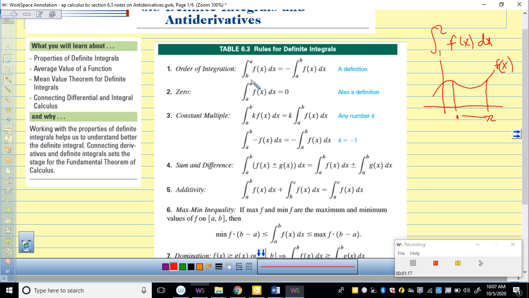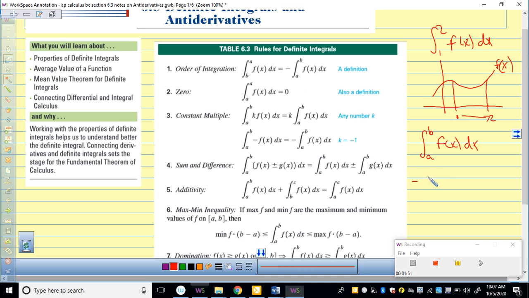The order of integration. So here we did the integral from 1 to 2. So generally we see the integral from a to b of f of x dx. And what our first rule tells us is that if we switch the order of the limits of integration, then we just switch the direction.